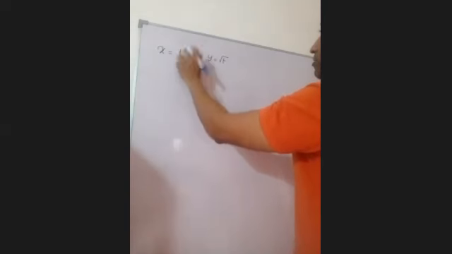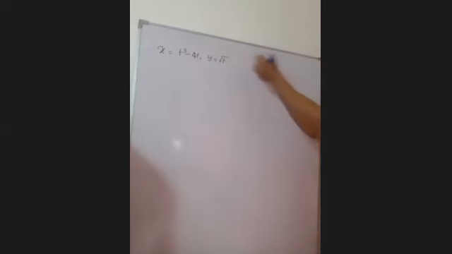Let's make this t cube minus 4t. So they have given us t is greater than 0. They have given this condition.